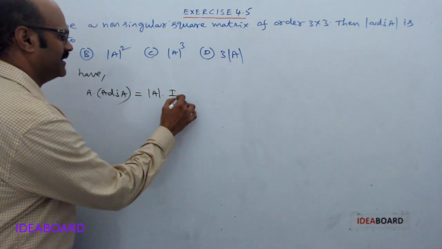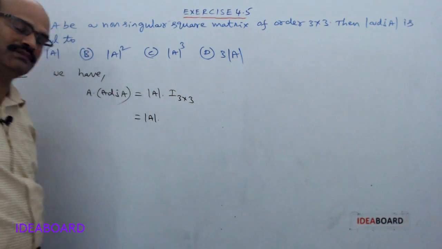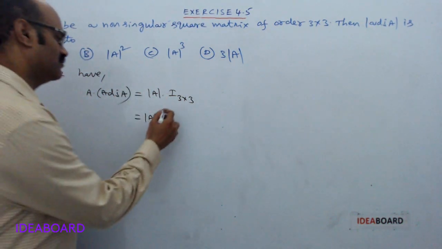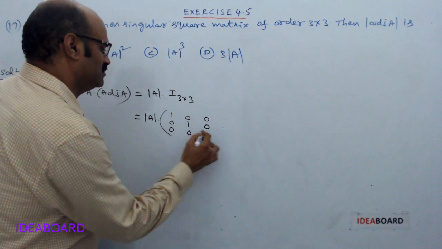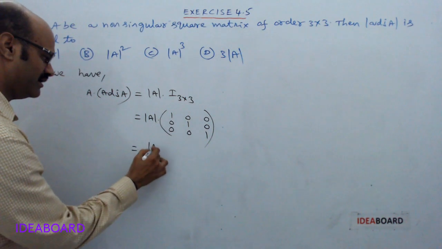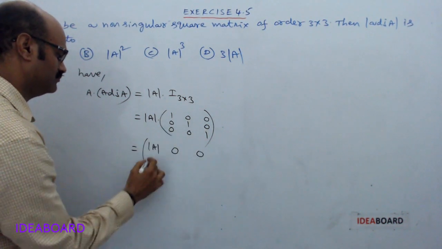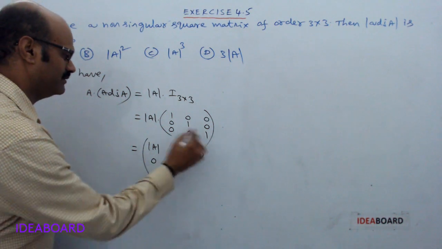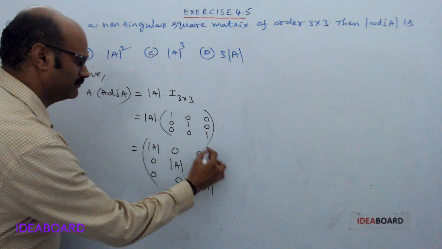So I 3 cross 3 equal to det A into identity matrix, equal to det A into 1 0 0, 0 1 0, 0 0 1, which is det A 0 0, 0 det A 0, 0 0 det A.